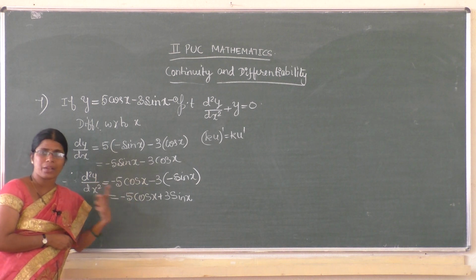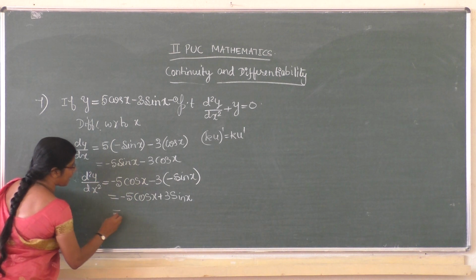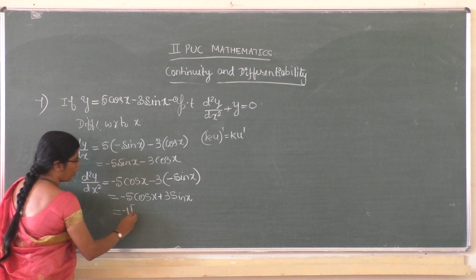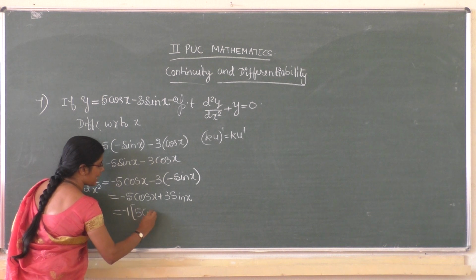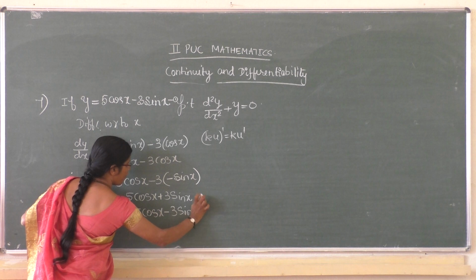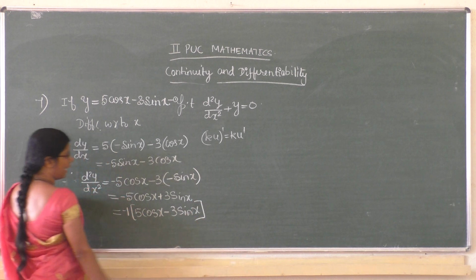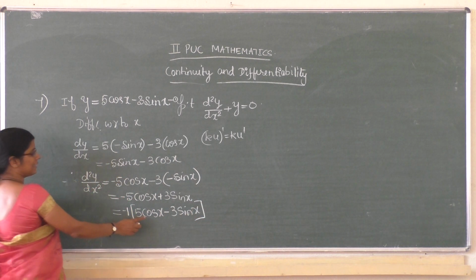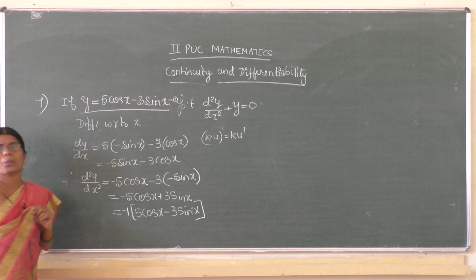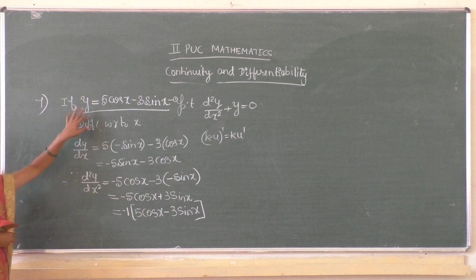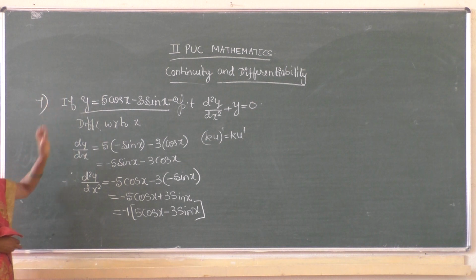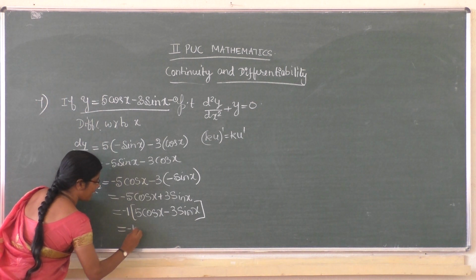This is a very simple equation. So what we do, we take minus 1 common. What do we get? Minus 1 into (5 cos x minus 3 sin x). That is the given equation, and it is equal to y. So we have here minus 1 into y.